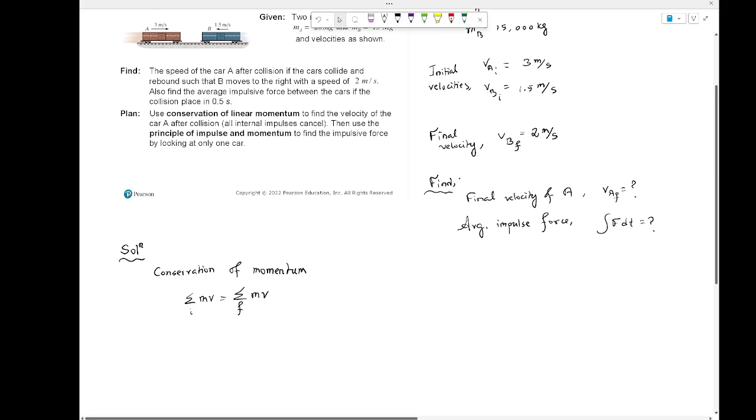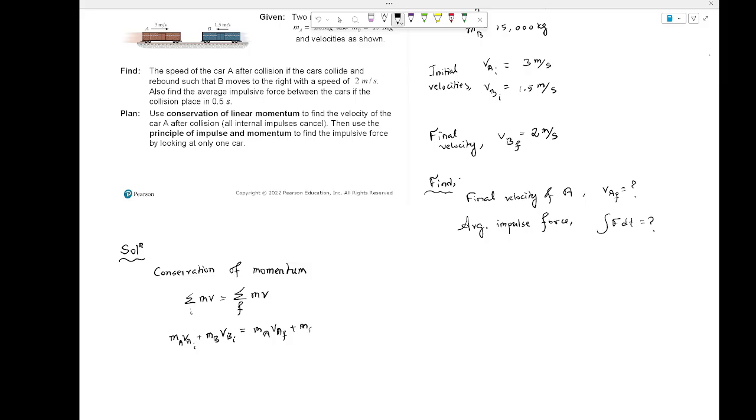As you can see here, I had the summations, and I and F in the summation refer obviously to those both blocks' initial velocities: m_A v_AI plus m_B v_BI. All right, and you should be writing m_A v_AF plus m_B v_BF.